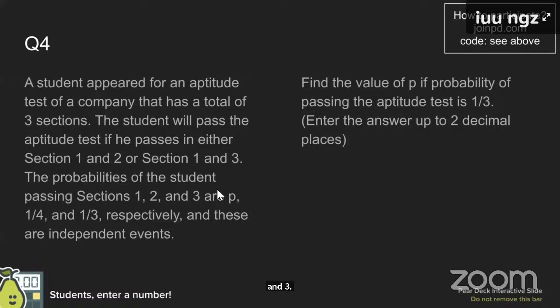The probability that any student passes section 1 is P, section 2 is 1/4, and section 3 is 1/3. We are saying all these 3 events are independent. Now find the value of P if the probability of passing the aptitude test is 1/3.